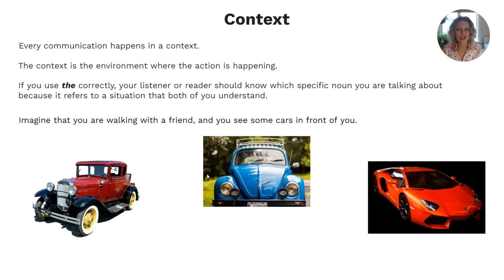So let's imagine that you're walking with a friend and you see some cars in front of you. So I'm seeing 3 cars here. So let's imagine that you say, I want the car. So the means a specific car, but we're looking at 3 cars. So which one do you mean?